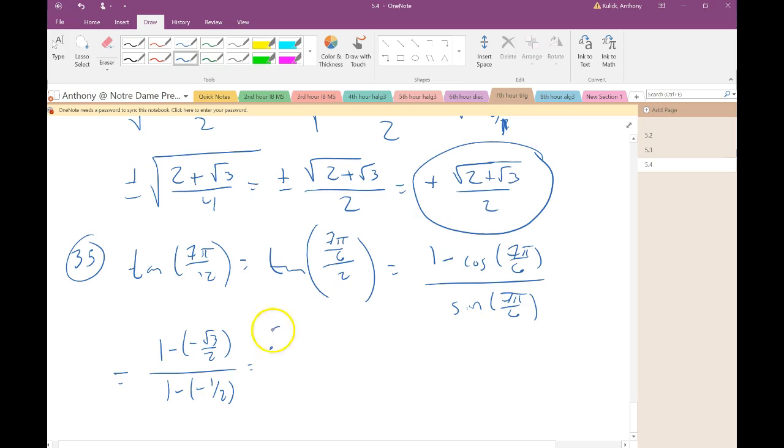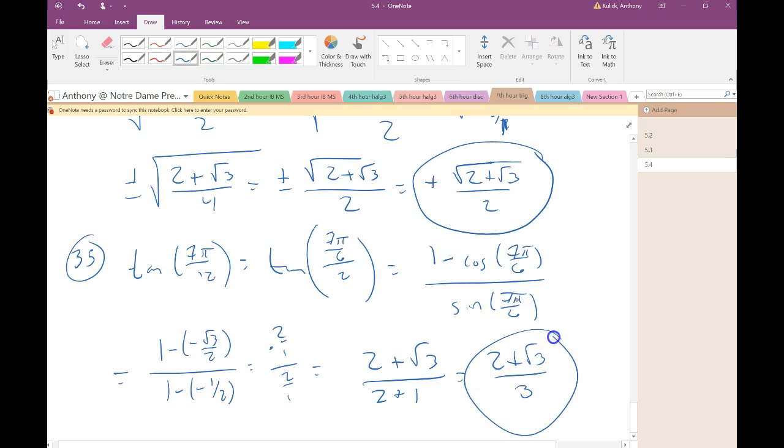Then let's multiply both the top and bottom by 2 over 1. Sound good to you guys?